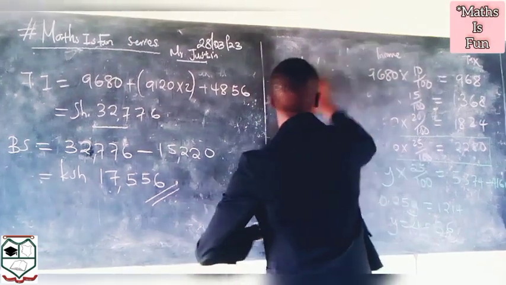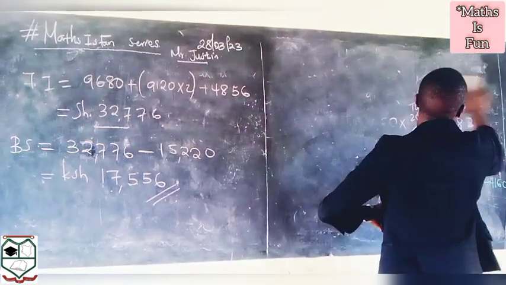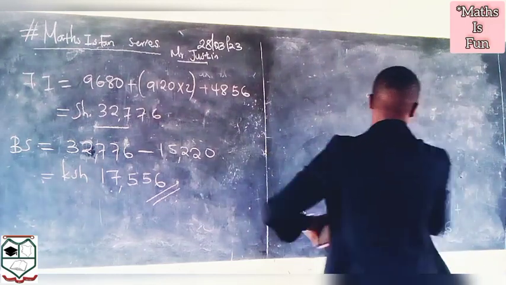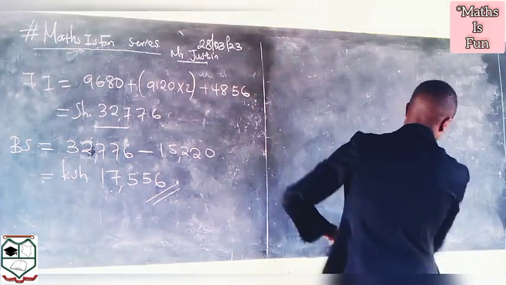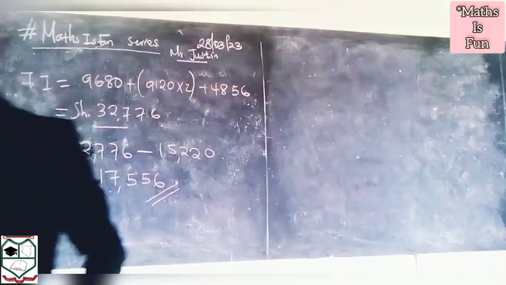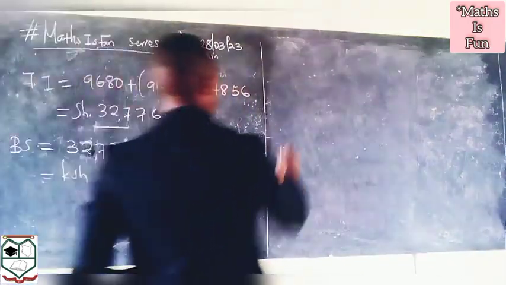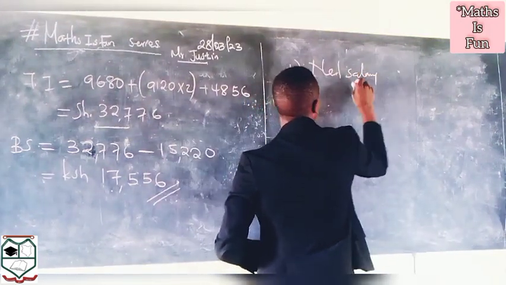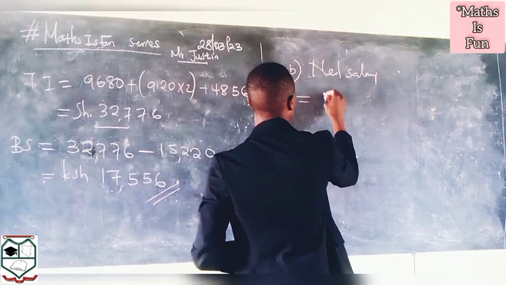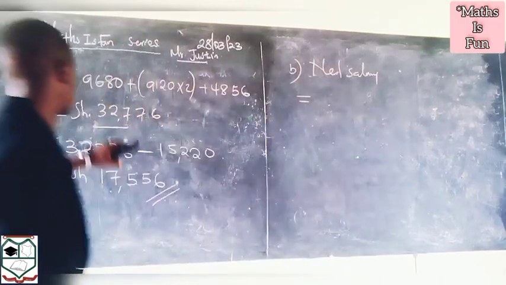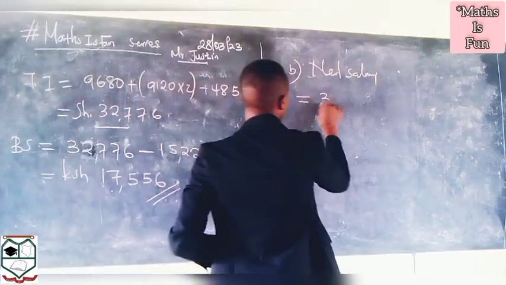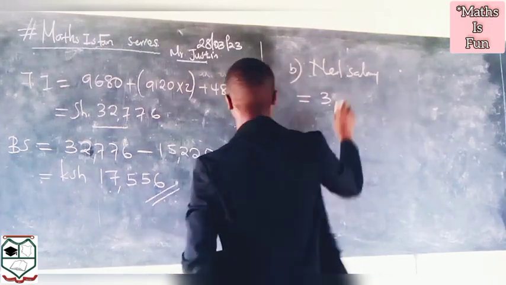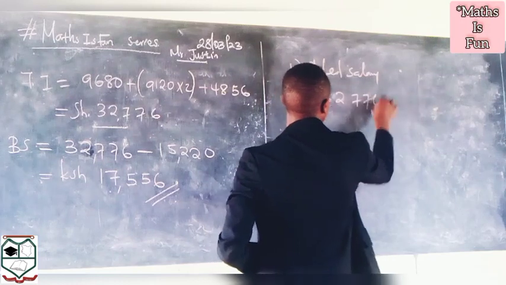Then for part B, net pay or net salary is going to be the taxable income. The taxable income we've gotten it here, that is 32,776.